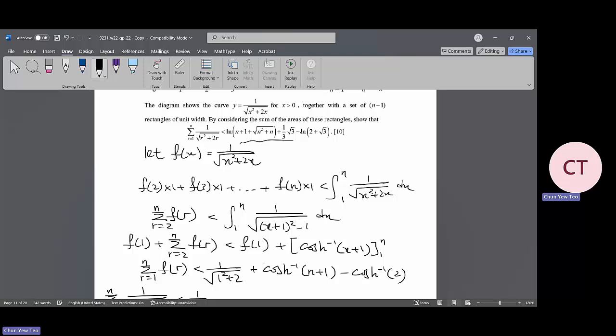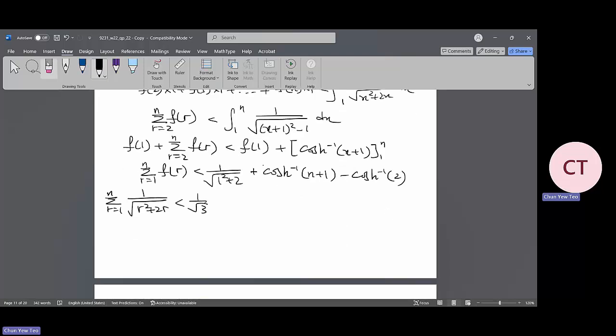So we know from the formula booklet MF19, look for the logarithm expressions for the inverse hyperbolic functions. So it will be ln of n plus 1 plus the square root of n plus 1 squared minus 1, minus the ln of 2 plus the square root of 3.